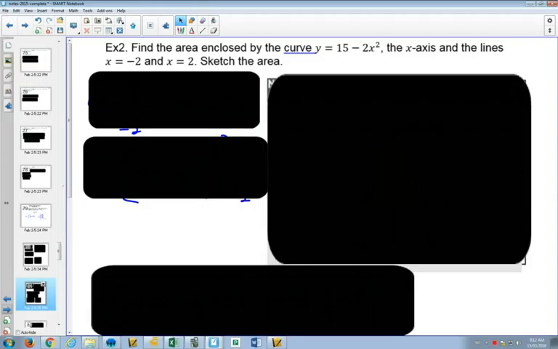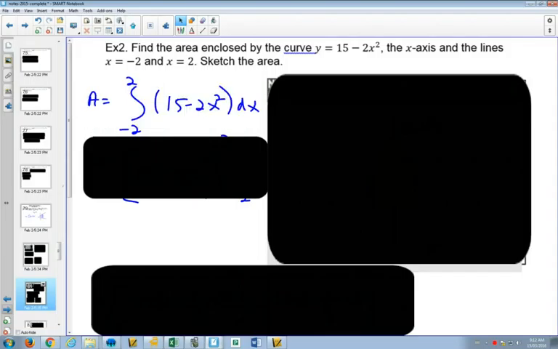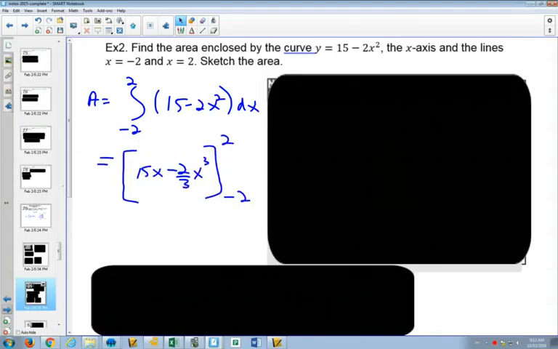A little bit more complicated, 15 minus 2x squared. Integrate that one between negative 2 and 2. Again, the integral itself isn't hard to figure out.